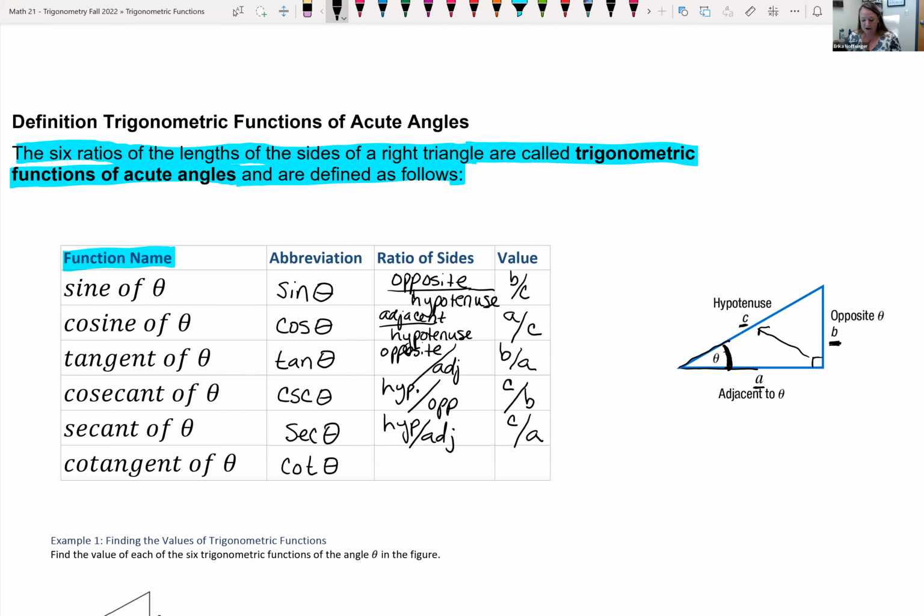Cotangent theta is adjacent over opposite. So the adjacent side is A, all over the opposite side of theta, which is B.